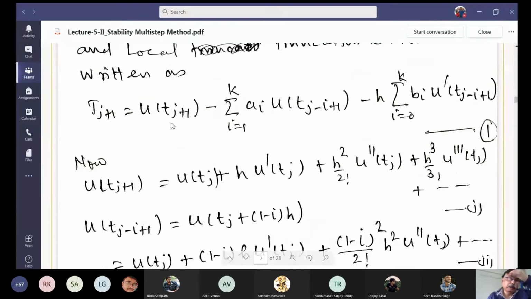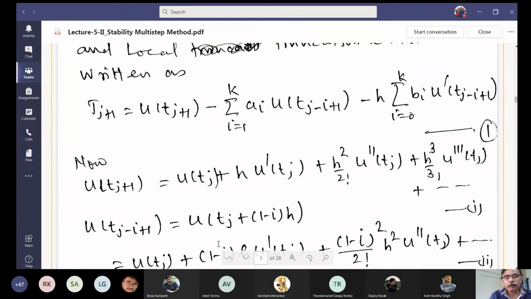You see, you have written U_{t_{j+1}} in terms of U_{t_j}. So one term here is U_{t_j} without h. And inside also you will get U_{t_j} plus (1 − i)h into U prime.